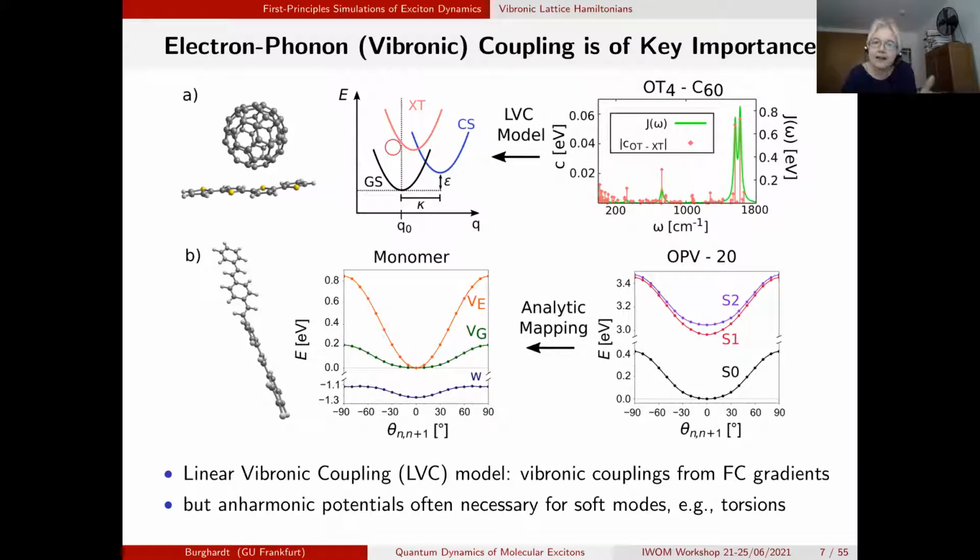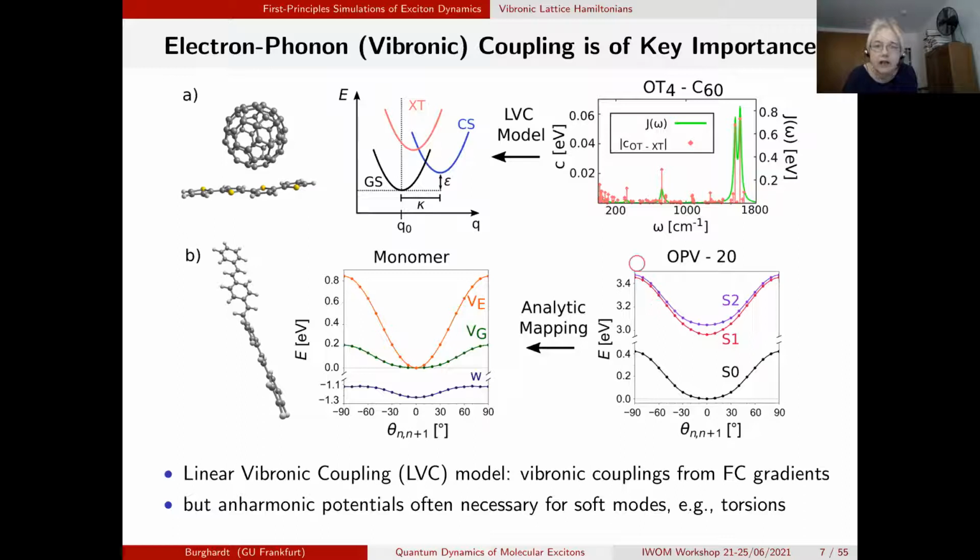Now, this is the harmonic type picture. If we have slow, large amplitude motions, and so we have torsion degrees of freedom, for example, then it might be necessary to include the anharmonicity of the potential.